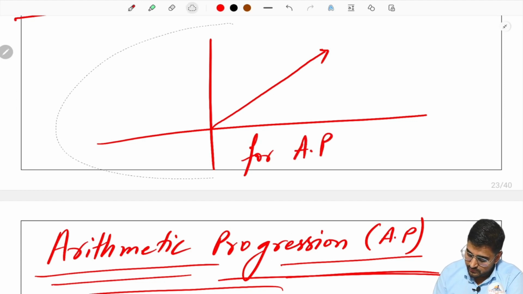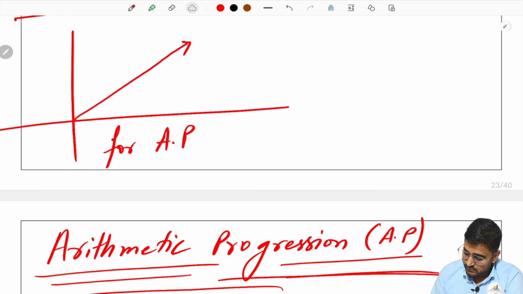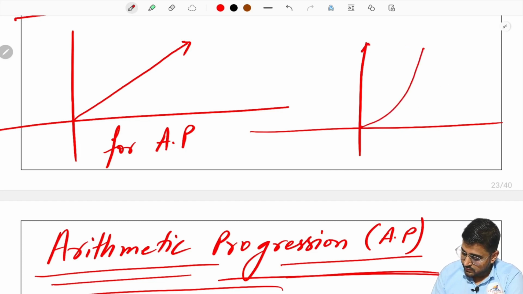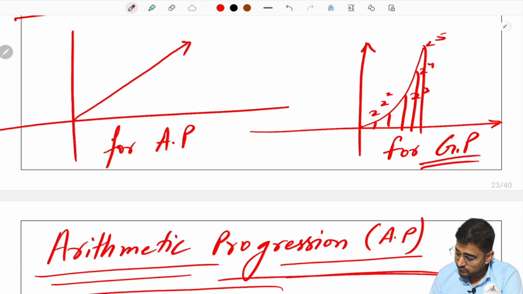And for GP, this kind of increase is there. This increase is called exponential increase. Means first it is 2, then it becomes 2 to the power 2, then 2 to the power 3, then 2 to the power 4, then 2 to the power 5.